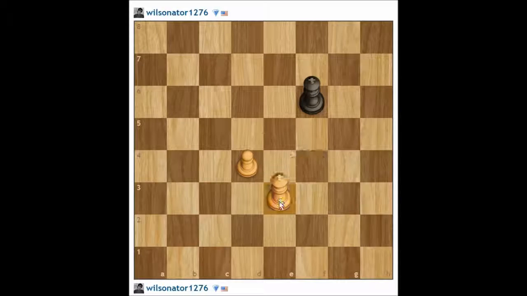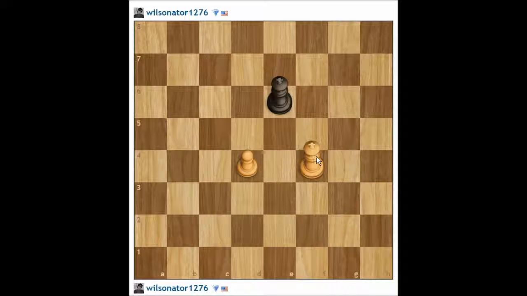You can take the close opposition here, but the black king just slips across, and this would be a basic draw. So we need to find a solution that's better.